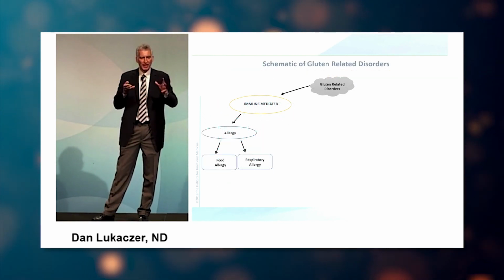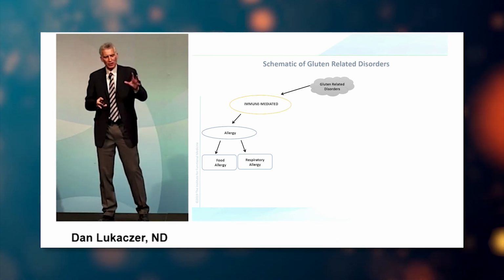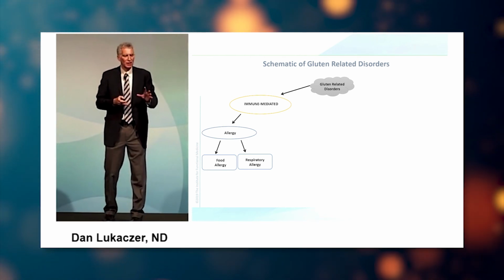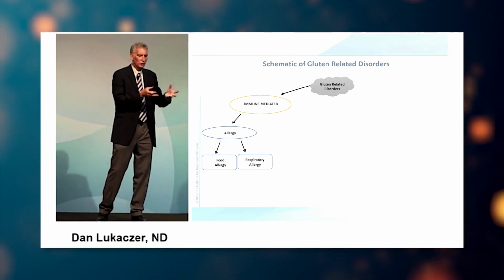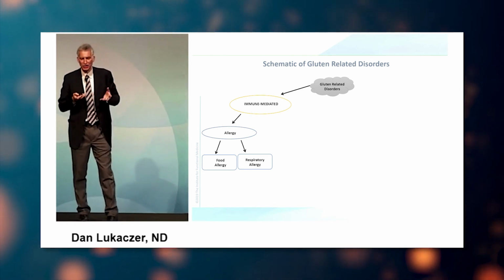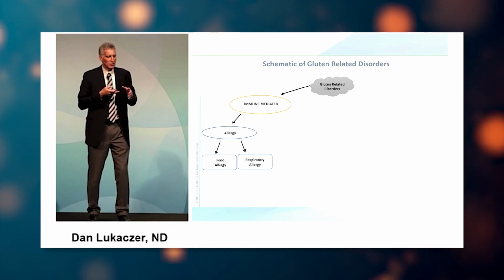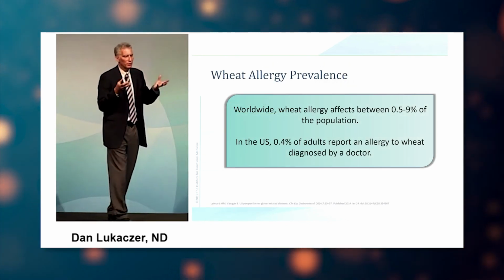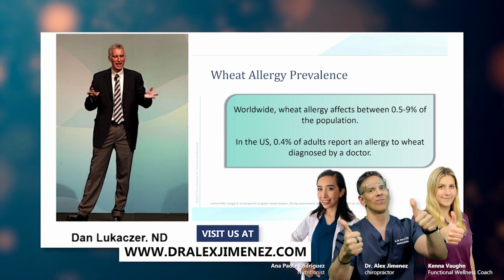This schematic is just about gluten and wheat. So let's talk about immune-mediated reactions, and let's talk about allergies. Allergies are food allergies or respiratory allergies, and they are IgE-mediated. That's what an allergy is. So how prevalent is that?